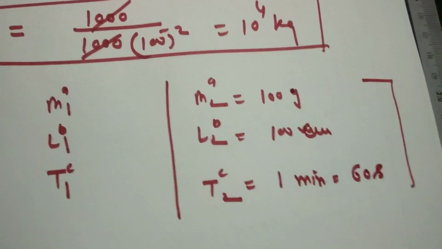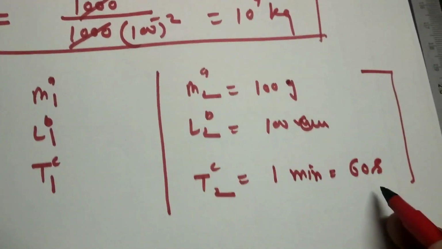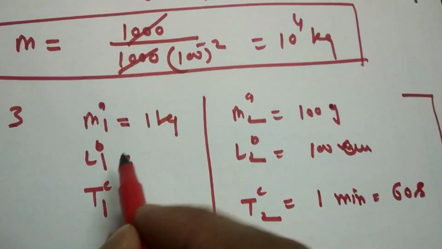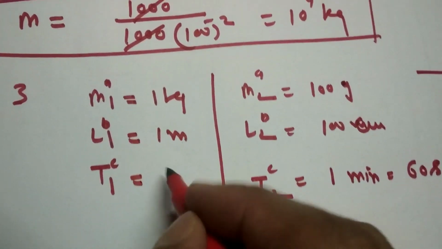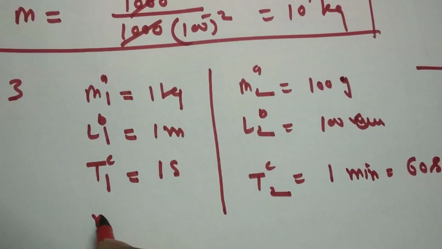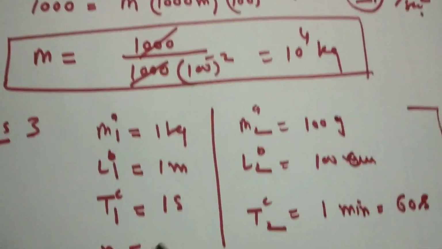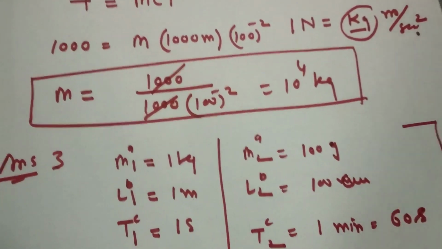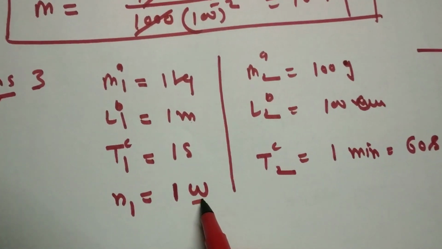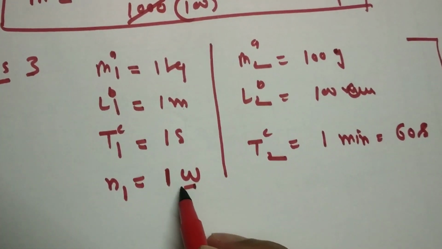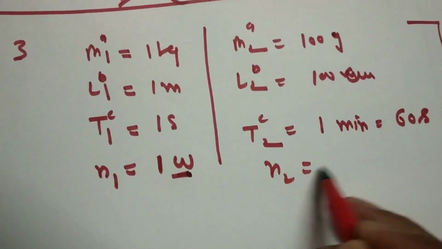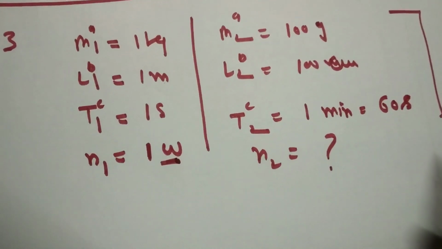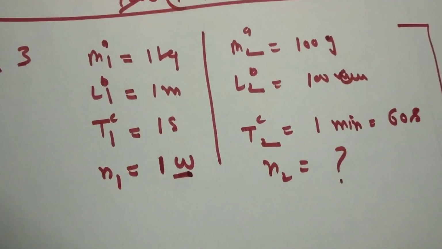Fundamental units we are taking here; time we always take in seconds. So 1 kilogram, 1 meter, this is a fixed value, 1 second, and N1 we have already calculated as 1 watt. Clear? 1 watt will equal how much N2? Same formula we will apply, then we will compare a, b, c.